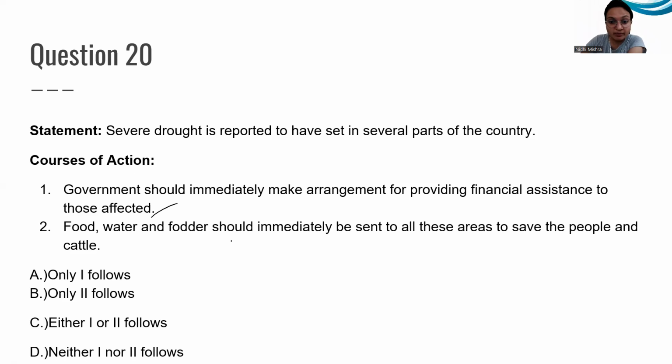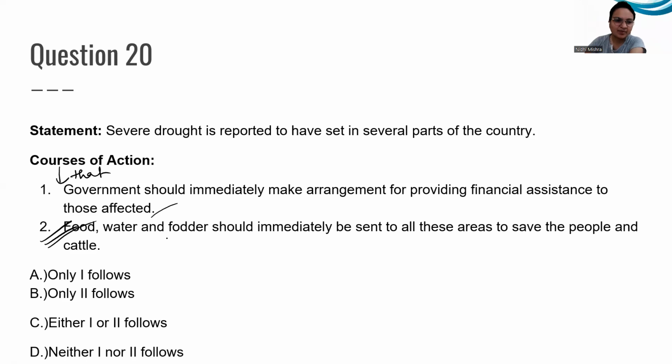Food, water, and fodder should immediately be sent to those areas. See, in these cases of drought, the government's responsibility is to provide the general things like food, fodder. Financial assistance, government may or may not. Because through providing the food and water, the government is also investing. So in these cases, this is not that important.